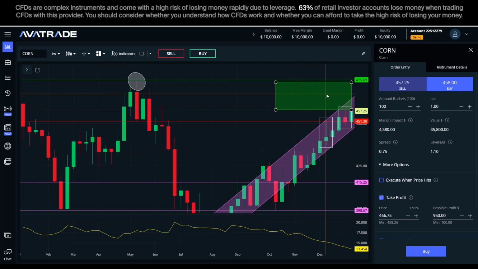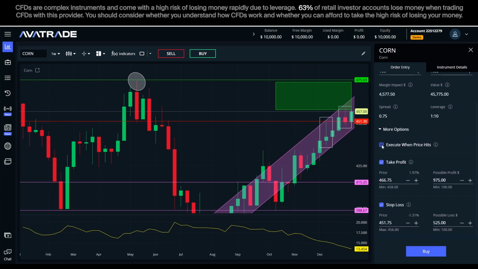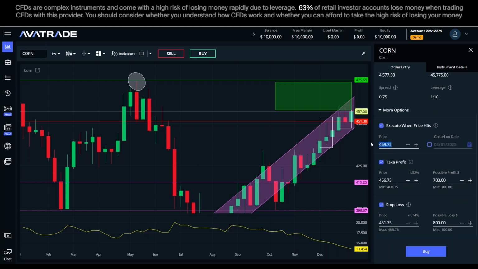But the idea here is that I might want to target this area here, and I might also want to take a position not where it's at right now, but at a lower price. I can do this by placing the execute when price hits. This behaves like a pending buy or a pending sell that we are used to from MT4 and MT5. So I can just pick maybe a little lower like this, 450.